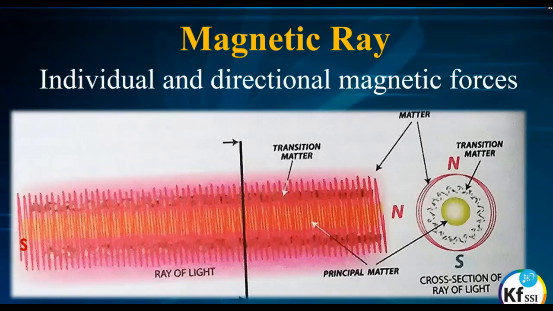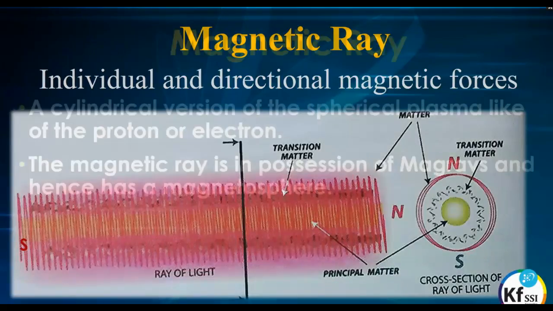And you'll see it's got a north and a south on that elongated form. So in that shape, it would look like a bar magnet with your north and south. And when you look at the cross-section side of it, it also has the north and south. So these magnetic rays are the individual rays that come together.